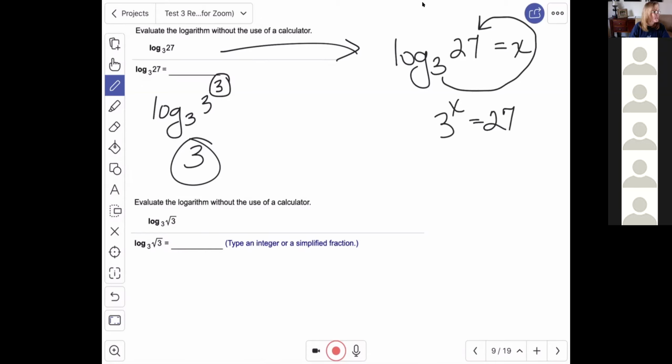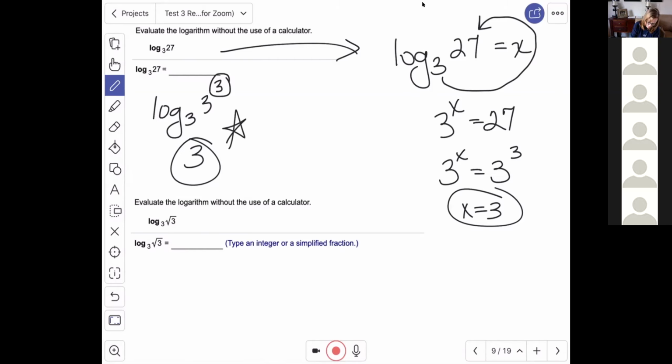You can solve it that way. 3 to the x equals 3 to the 3. Since our bases are the same, then I can assume that x equals 3. Those are two different ways we went over it. Either way that makes more sense to you gives you the same answer. But the shortcut, if you can recognize it, is the quickest thing.